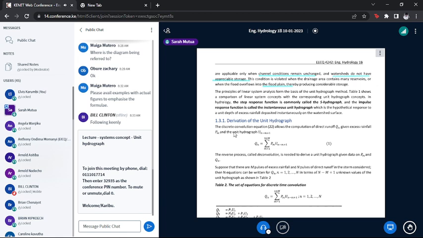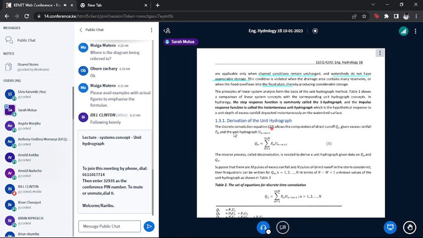Now, I have given a figure somewhere. It should be figure 1, where I have compared linear system concepts with corresponding unit hydrograph concepts in hydrology.